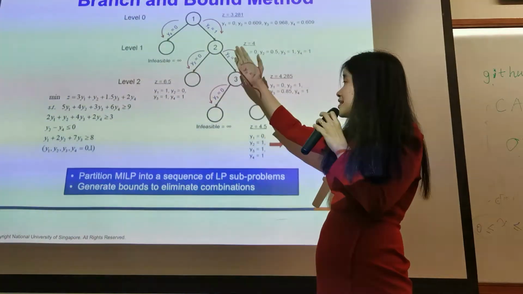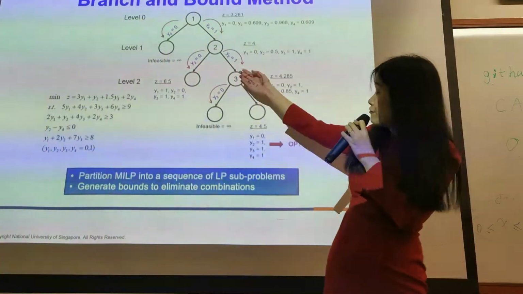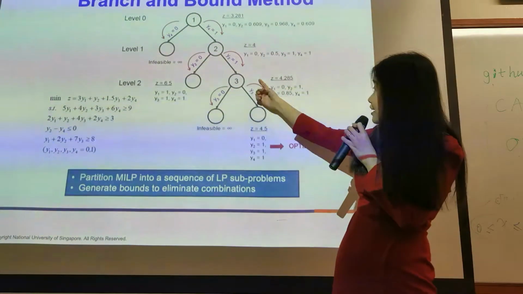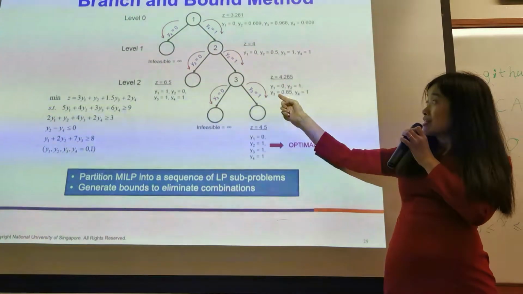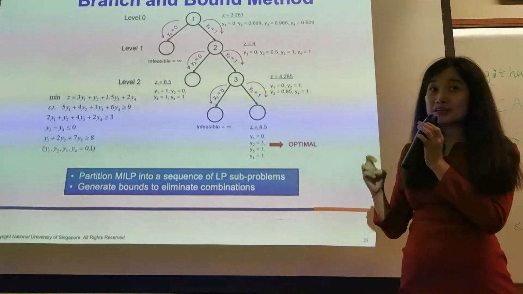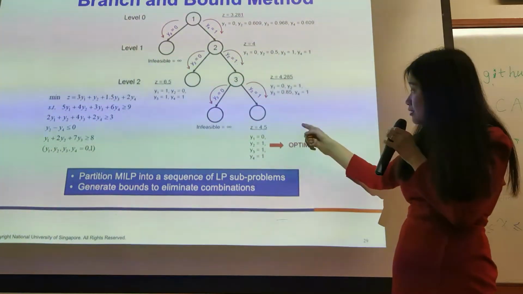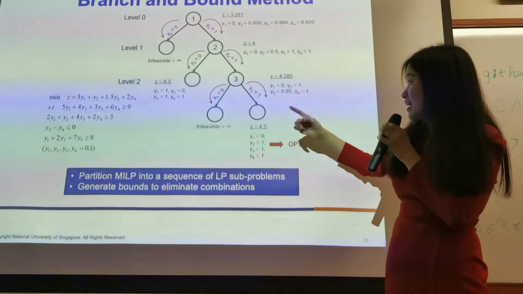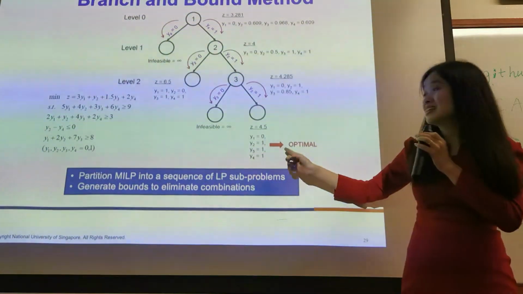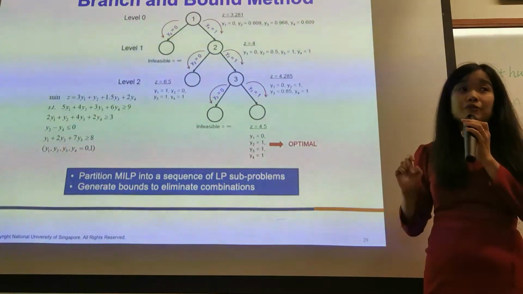So I stop here. This tree already gives me 1 integer solution, but I further process here to get this other solution. y3 is still not integer, so I break y3 into 0 and 1. And finally find this is infeasible, and this is a final solution. Then I compare these, and I got this is optimal. In the end, it's a comparison to find the optimal solution.